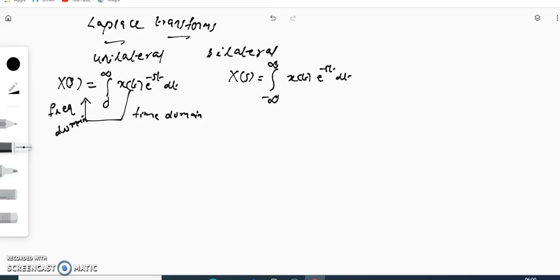And there is something called ROC, which is the region of convergence.